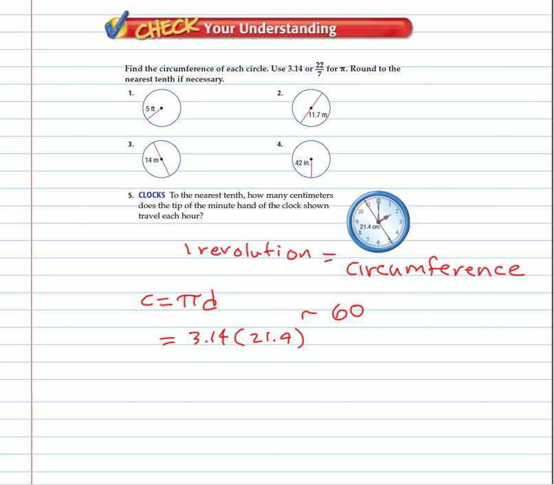Should get an answer of around 60, which is an underestimate. I haven't been doing a very good job of estimating so far. Students should. 3.14 times 21.4 is 67.196, which would then round to 67.2. And in this case, it's going to be centimeters.